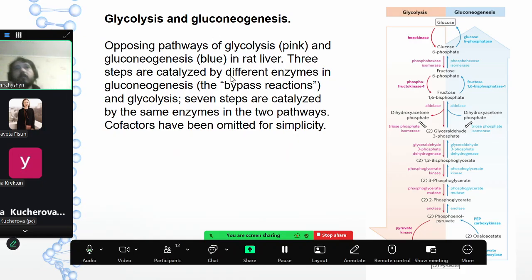So we have glycolysis that basically uses glucose to produce some energy, but I told you that in some cases we need to regenerate glucose in one tissue, for example, to be used in another tissue as a fuel. So it's an opposing pathway.